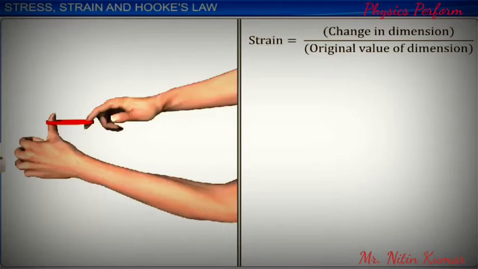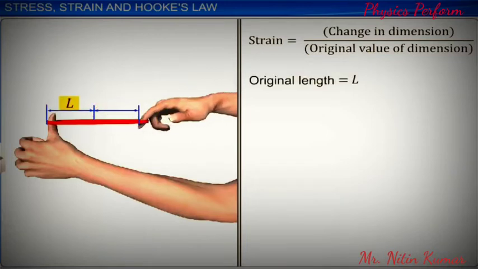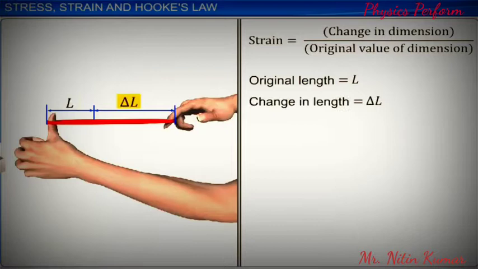For example, if the original length of a rubber band is L and the increase in its length is delta L, then the strain is equal to the ratio delta L by L. As strain is the ratio of two similar quantities, it has no units. Thus, strain is a dimensionless quantity.